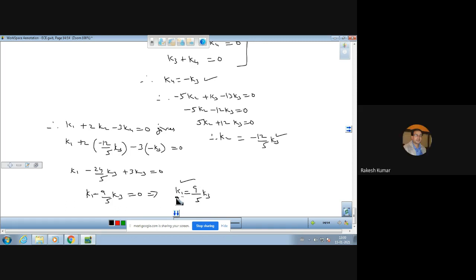Now the value of K1 is in terms of K3, K2 also in K3 and K4 also in K3. So all three values K1, K2, K4 are depending upon K3. So K3 is not known to us. So we can say that therefore let K3 be some other value, suppose it is T. We can just suppose this because we do not know what K3 is.